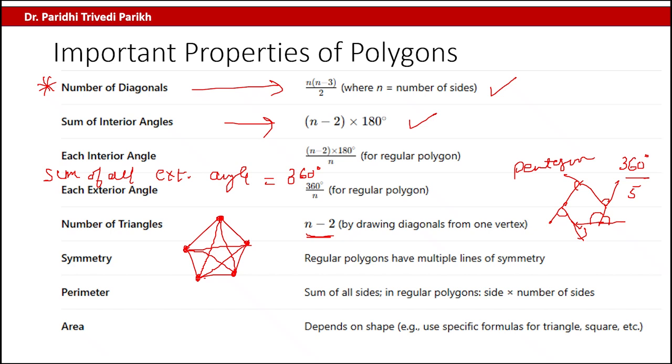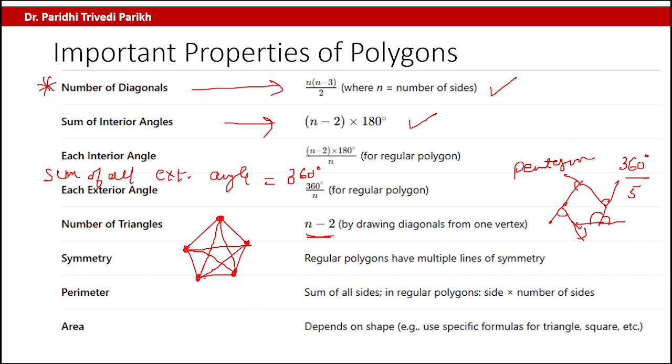Now symmetry: regular polygons have multiple lines of symmetry. Perimeter: the sum of all sides in a regular polygon is equal to side times number of sides. Area depends on shape.